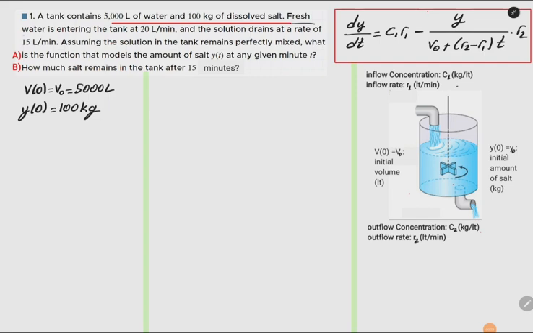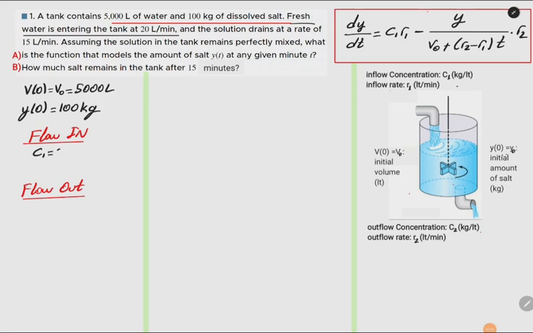So, fresh water is entering the tank at 20 liters per minute. Let's write this flow in information here, and also below it, I'm going to write the flow out information. Since this is fresh water, it has a concentration of 0.